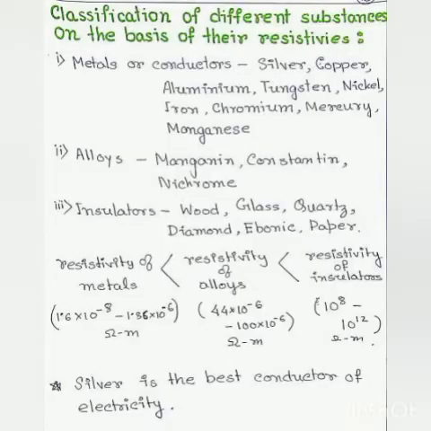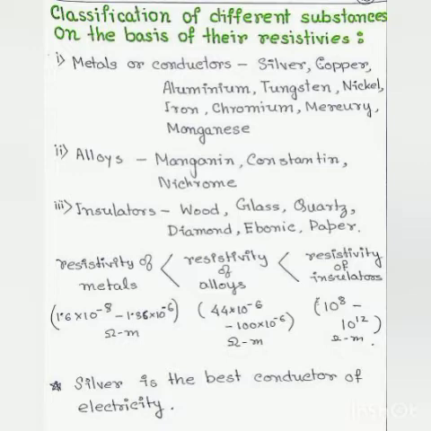Now next we will discuss the classification of different substances on the basis of their resistivities. Now all the substances can be classified into three categories on the basis of their resistivities, and they are metals or conductors, alloys and insulators.